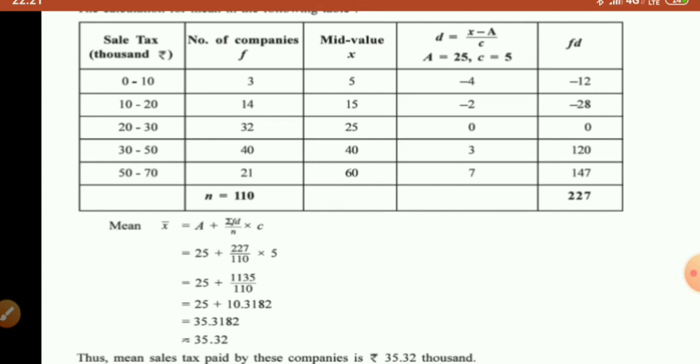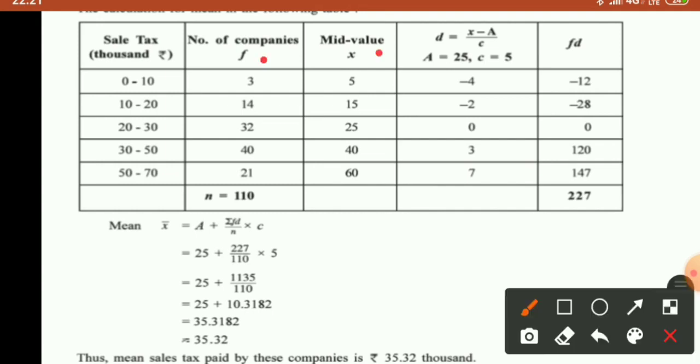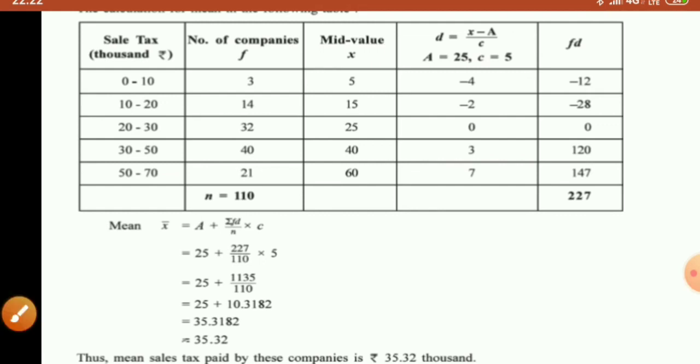Now in the simple method, what I'll do is fi into xi. I just have to multiply these two columns, then do the total of fi xi, and I find the mean. But here I have solved with the shortcut method. Here we have to find the di. di is equal to xi minus a upon c. What is a?